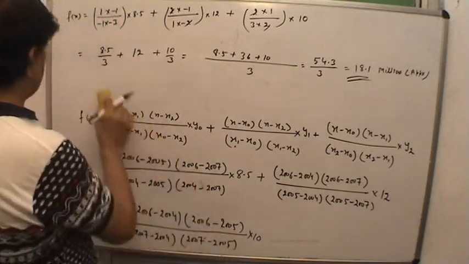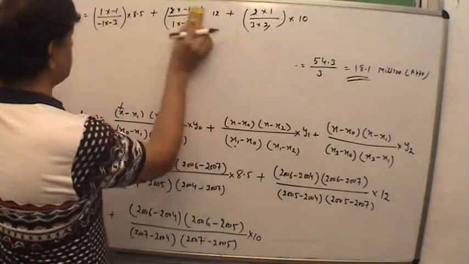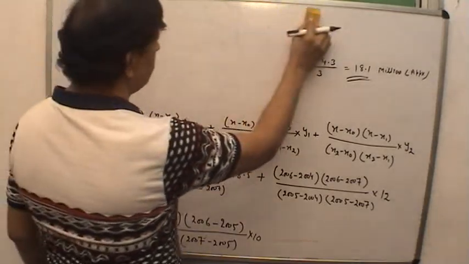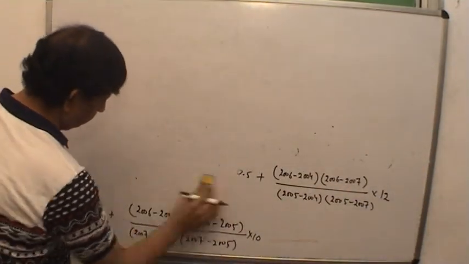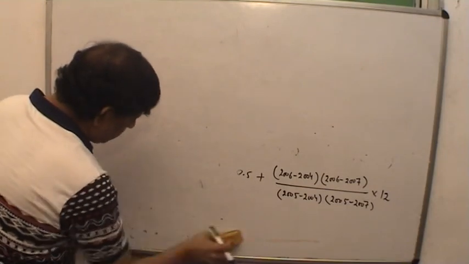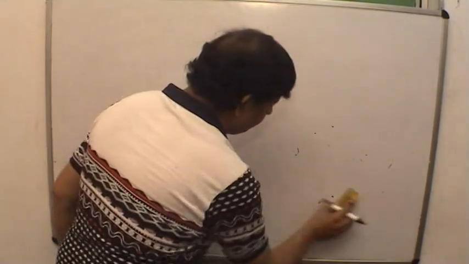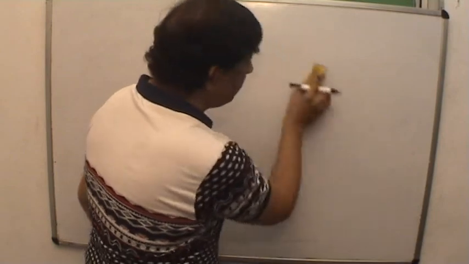Now let us discuss the interpolation for the equal intervals. For the equal intervals, we have many types of interpolations, but we will study here only Newton's forward and Newton's backward interpolation.